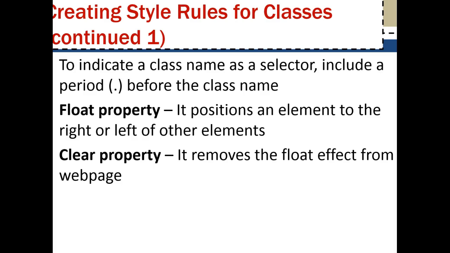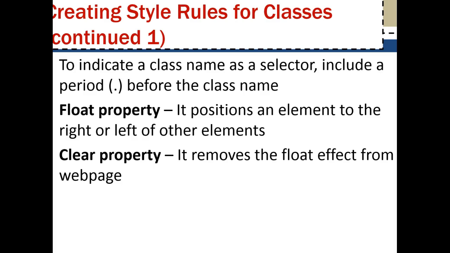Another concept that's important to learn is using the float property. What that means is that it lets you position an element to the right or left of other elements. The valid values for the float property are basically right and left, indicating where to display the element.